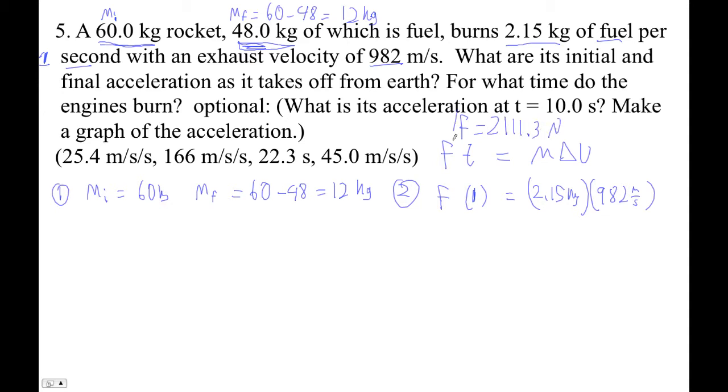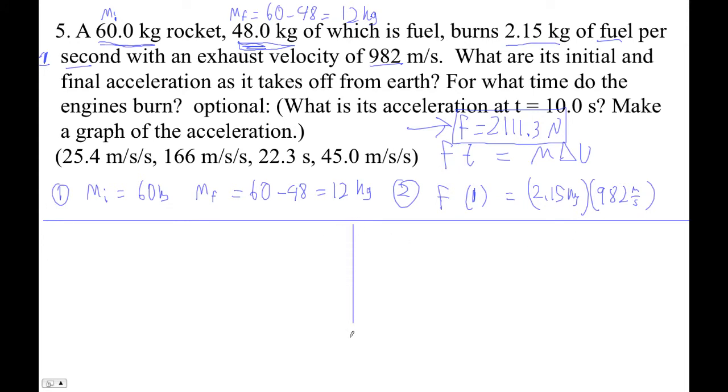Now we've done so much work and we haven't even gotten an answer, but we're going to use this thing. We want the initial and final acceleration, so that requires cleverness. So let's find the initial. Okay, the initial acceleration, we got the rocket here.